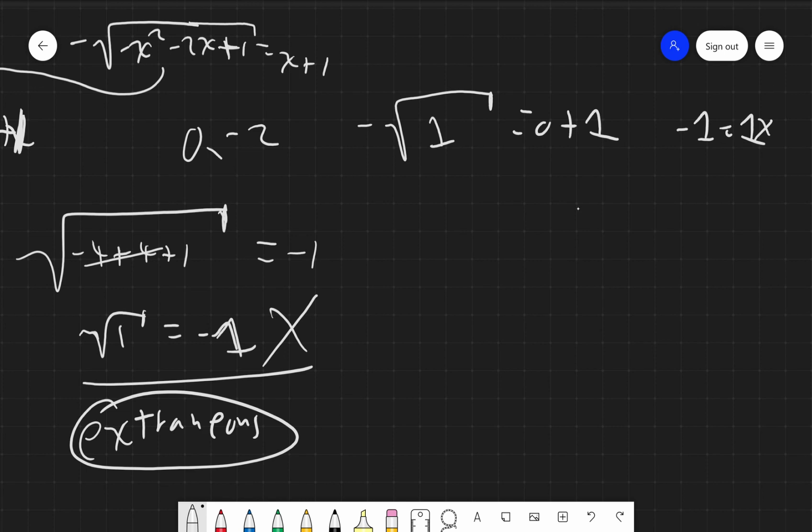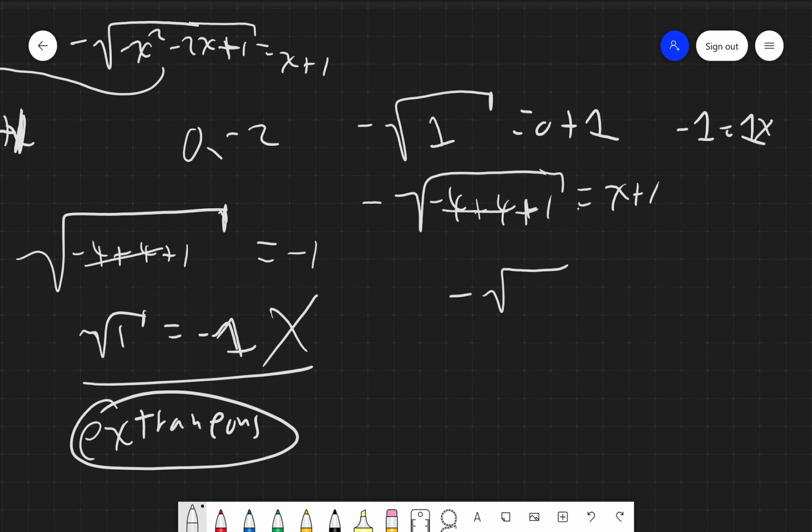Negative square root of negative 2 squared is 4. So we have negative 4 plus 1 equals x plus 1. These cancel 1, and x is negative 2. So now we have the negative square root of 1 equals negative 1, and that's true.